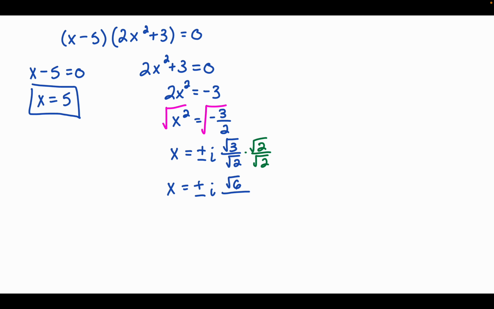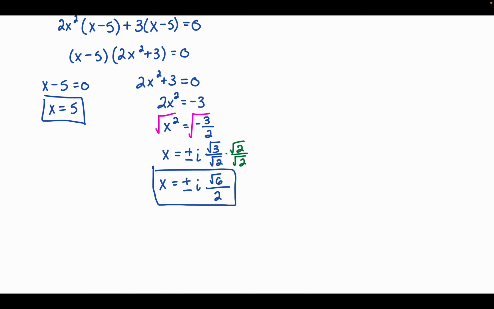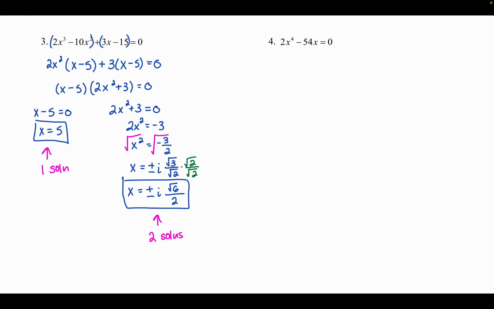The bottom would become square root of 4, which is 2. Okay. So here we have 3 solutions. We have one solution, x equals 5, and then we have 2 solutions, plus i square root of 6 over 2 and minus i square root of 6 over 2. Okay, so we solved that one by grouping.